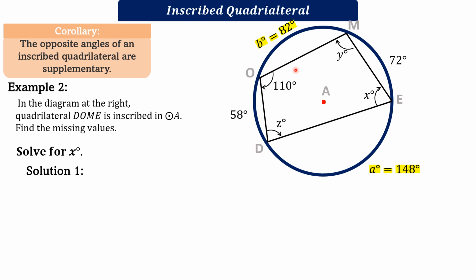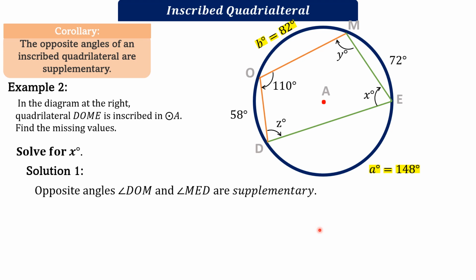Let's solve for x, or x degrees, or angle MED, or angle E. As I mentioned from the first solution of this figure, angle X or angle E is opposite to angle O. Therefore, they are supplementary.